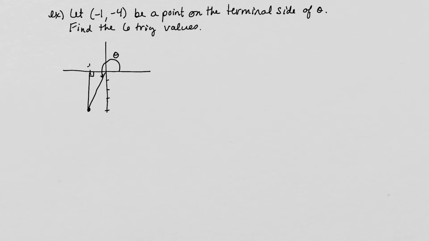And this is a right angle that's made there with the axis. And then this side here was -1, and this side here I went down, it's -4. Questions?